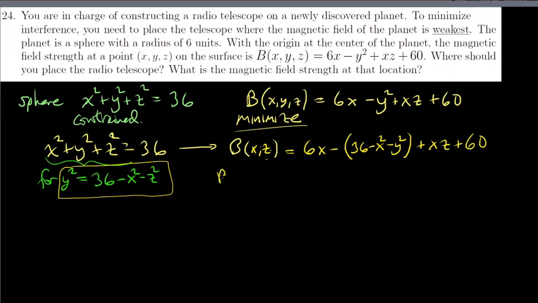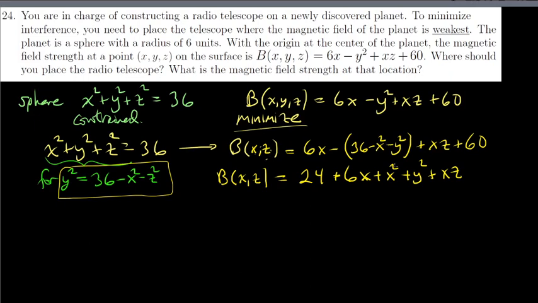We've reduced it down to two variables, x and z, and there's not a lot we can do to simplify this. 60 minus 36 is 24. We get plus 6x minus, oh wait a minute, minus a negative x squared, so plus x squared plus z squared, and then plus x times z. Because you're subtracting y squared, this minus sign is in front, so that gets distributed. Just making sure.